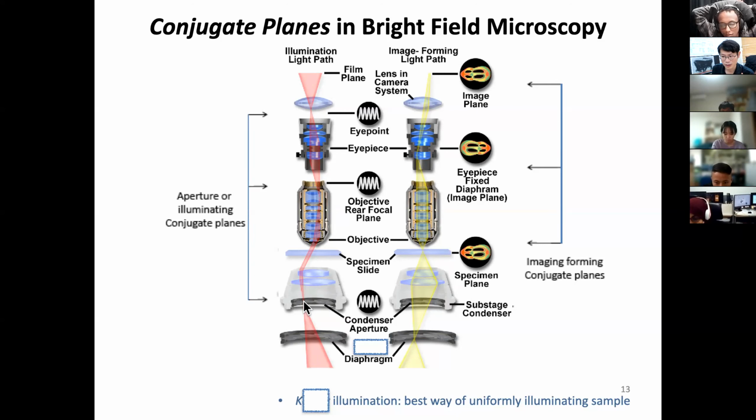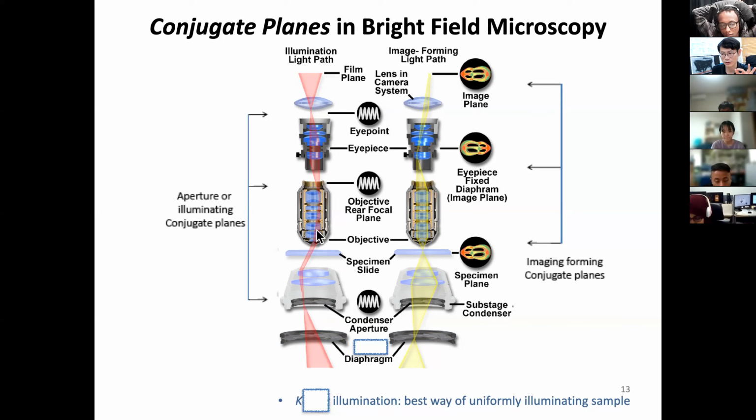And here the filament is focused down. When you put your screen here, you will find a nice filament image, but that's not what you want on your sample. So you focus down your illumination on the other side such that it will be parallel onto the sample. You have uniform illumination, which goes to your objective lens.